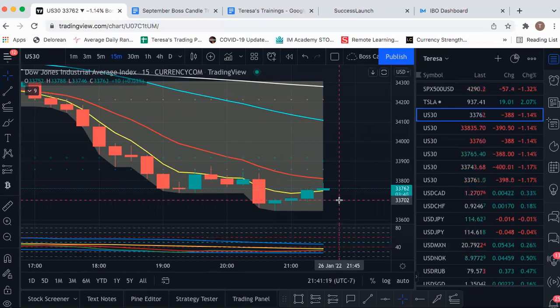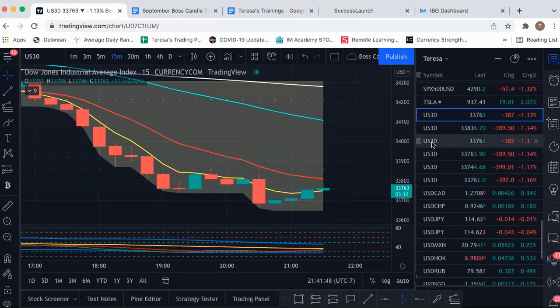Hold on, let me think this through. If I told you 33,700 and your broker's price is 80 points higher than mine, your stop loss is going to be way up here on your broker and it's going to get hit way before mine. Or it might not even be possible to enter, honestly. There's such a spread. If we're only looking for like a 10 or 20 point scalp, your stop loss might not even be valid because there's such a difference between them.